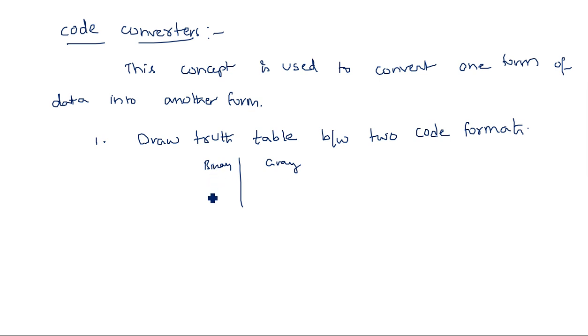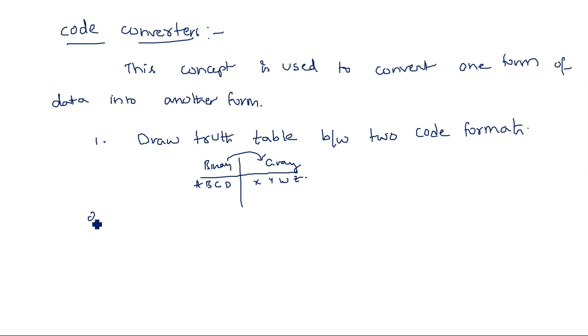All the binary codes we have to represent on the left hand side, whether it is 4-bit, 3-bit, or any number of bits. On the right hand side you are going to represent the code to which you are going to convert, that is gray code. This particular table you need to draw. Suppose the binary data and the gray code data consist of 4 bits, then we represent binary as ABCD, and gray code as X, Y, W, and Z.